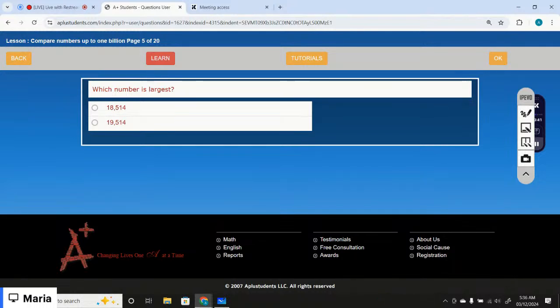Which number is largest, 18,514 or 19,514?